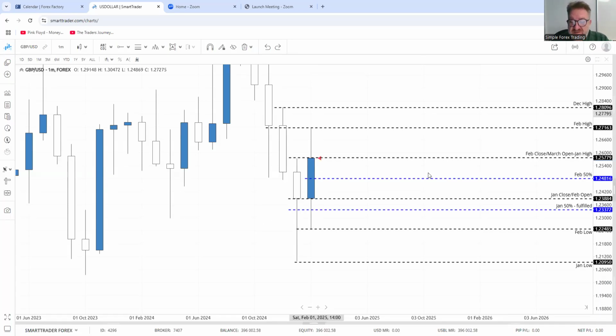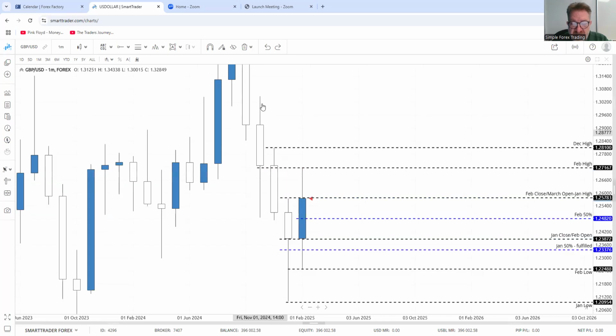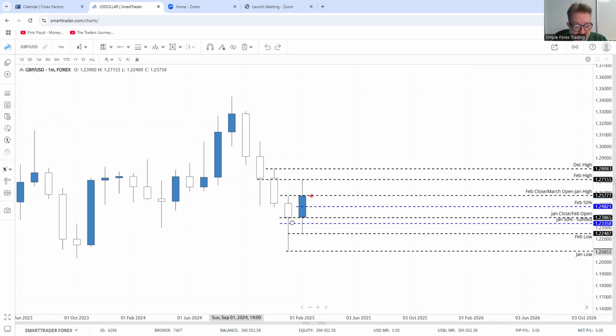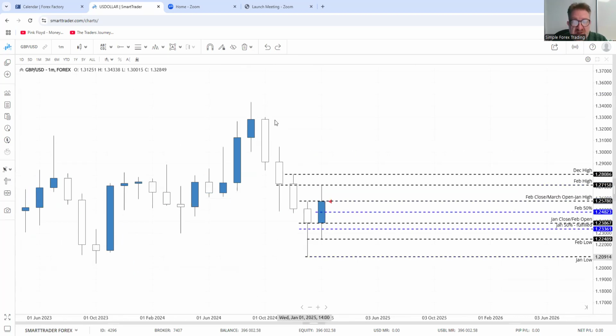So this one here is the February 50% from here to here. I marked it, right? Now we want to look, do we have any 50% above or below? We've looked below, we don't. We don't have any below that low. Do we have any up here? Well, the only one I could see is maybe possibly this one or maybe possibly this one. So let's have a look. This one we know is fulfilled, we can easily see.